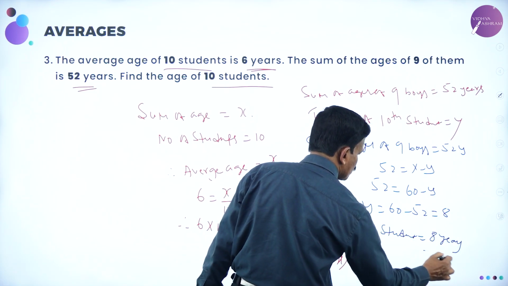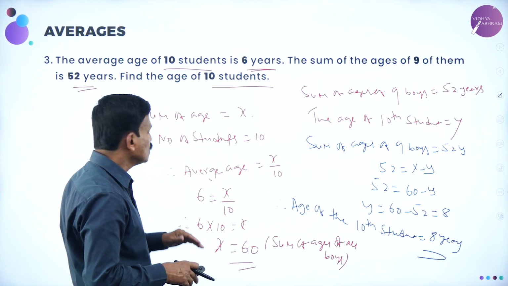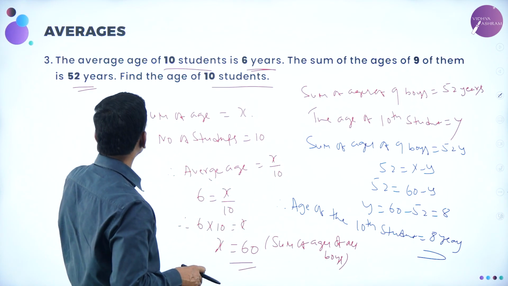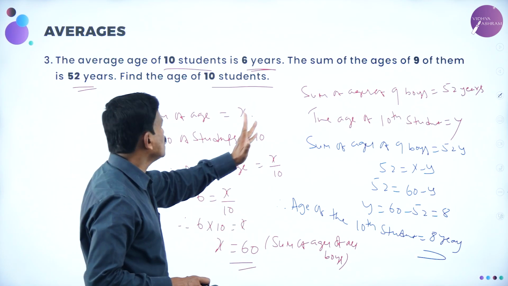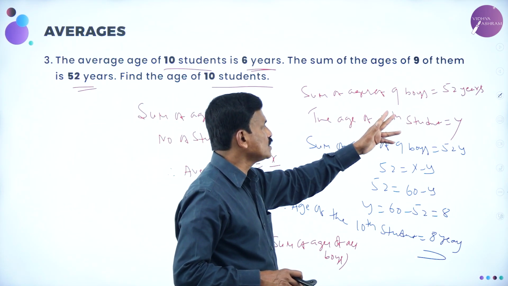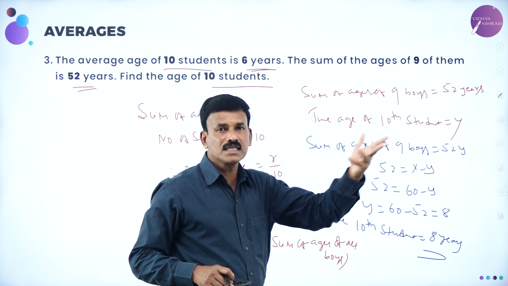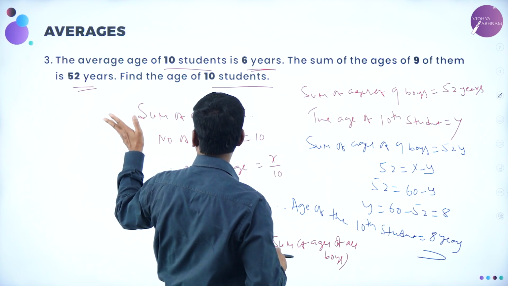Here the sum of ages is equal to x, the number of students is 10, and the average is equal to x by 10. Since it is given that the average age of 10 students is 6, equal to x by 10, 60 is equal to x. Then the age of the 10th boy is considered as y, and the sum of the ages of 9 boys is 52.